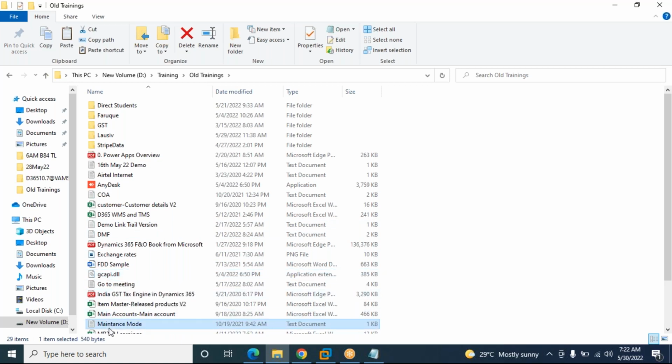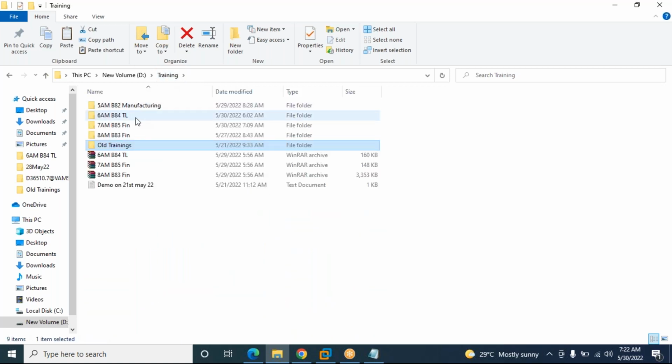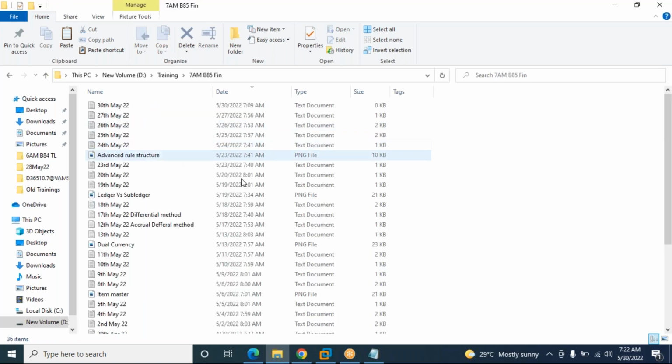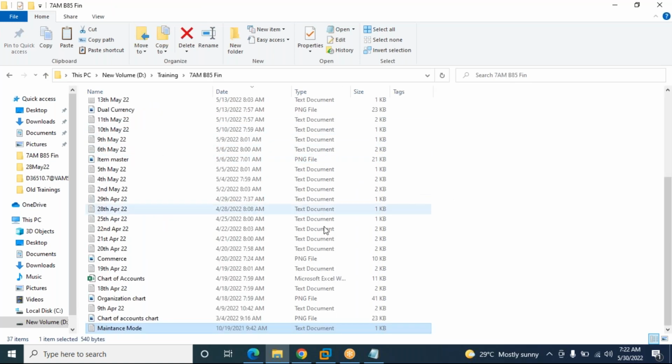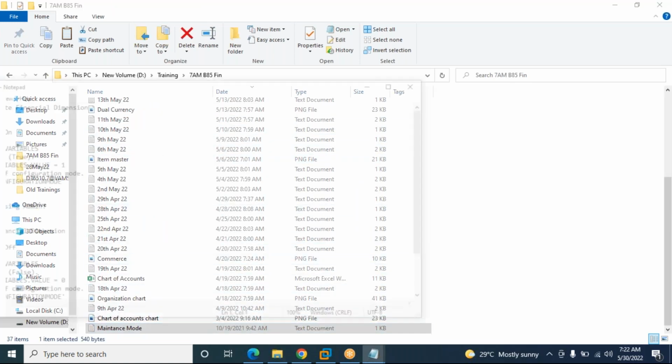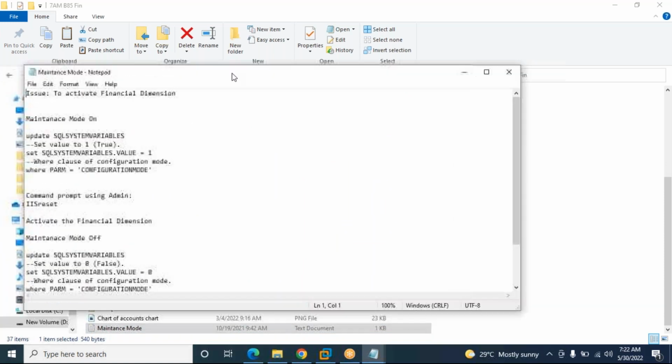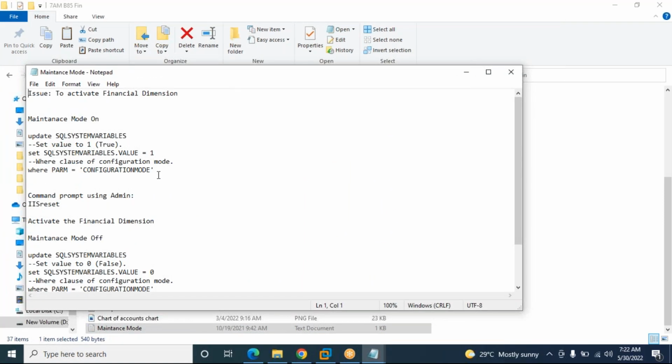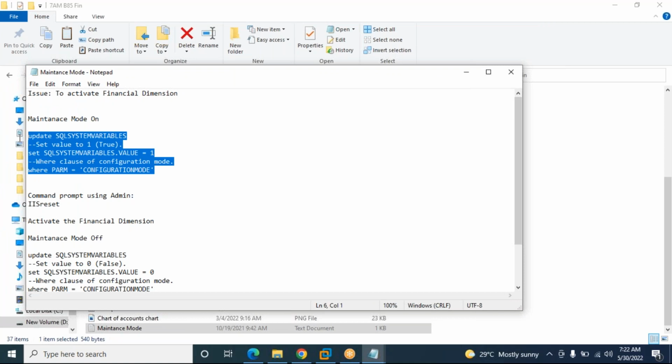I'm copying this file, maintenance mode, to your folder. In this, if you have SQL Server knowledge, first you need to run this update SQL on the SQL system table with the value as one.